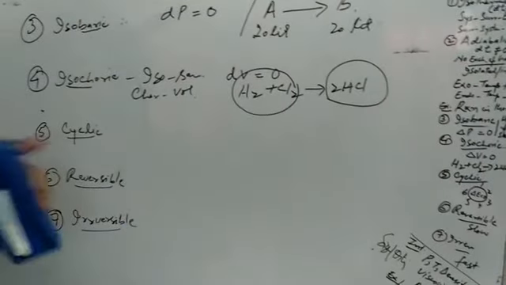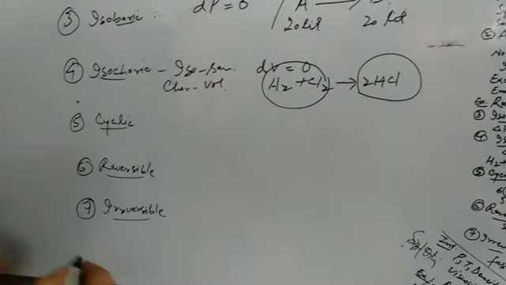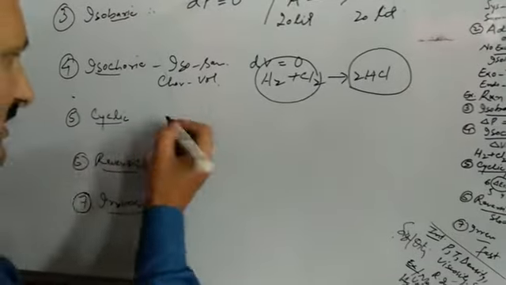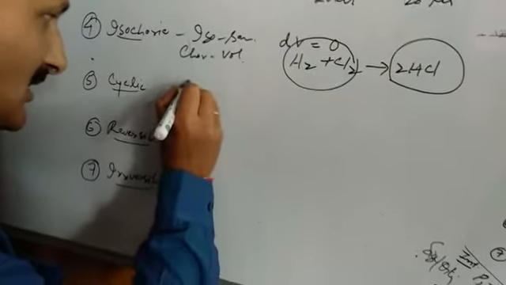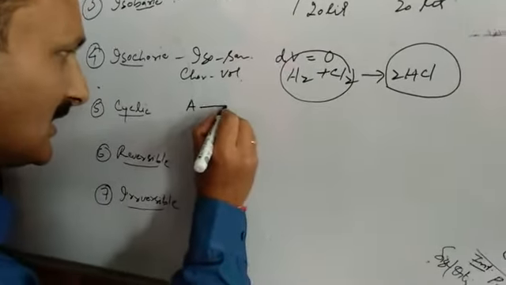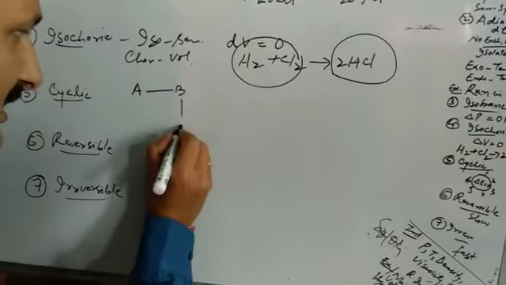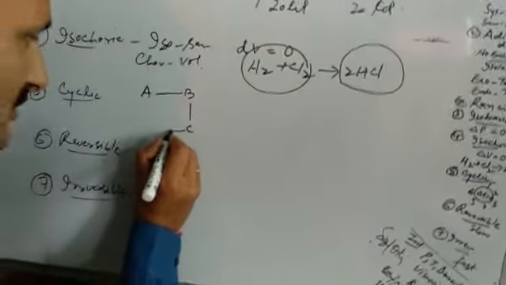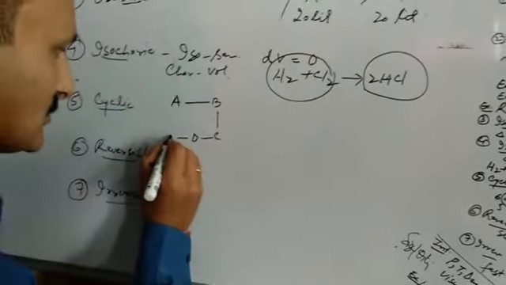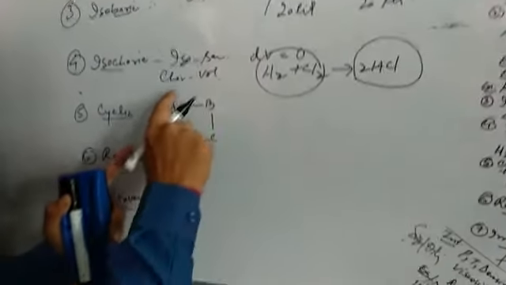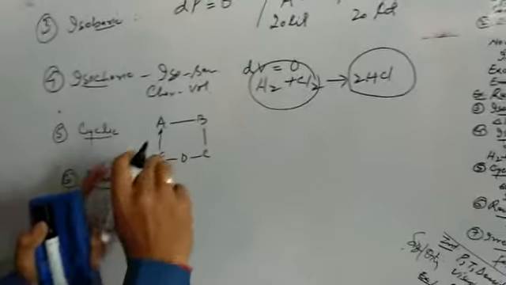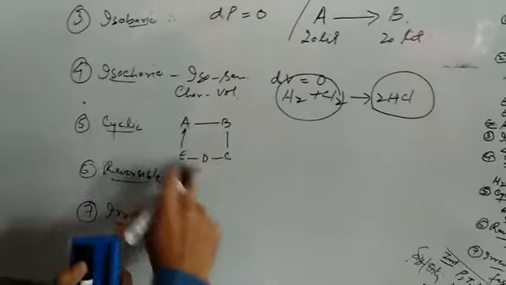Now coming to cyclic process. Now what is a cyclic process? Cyclic process means suppose I have some changes in the system. Suppose the system first changes from A to B, then it changes to C, then it changes to D, then it changes to E, then it changes back to A. So this is a cyclic process. But during this process, a series of steps have taken place.